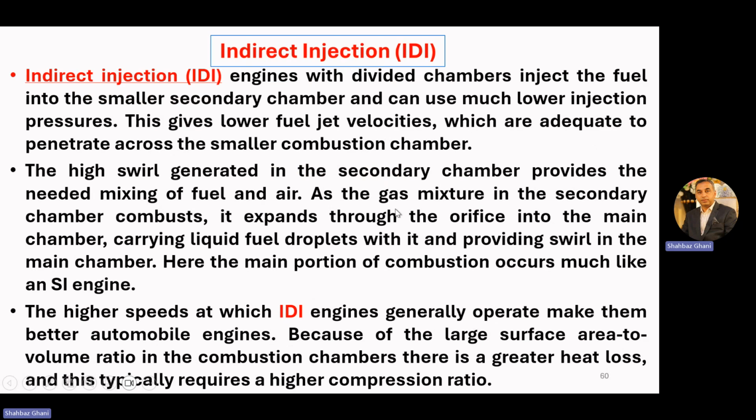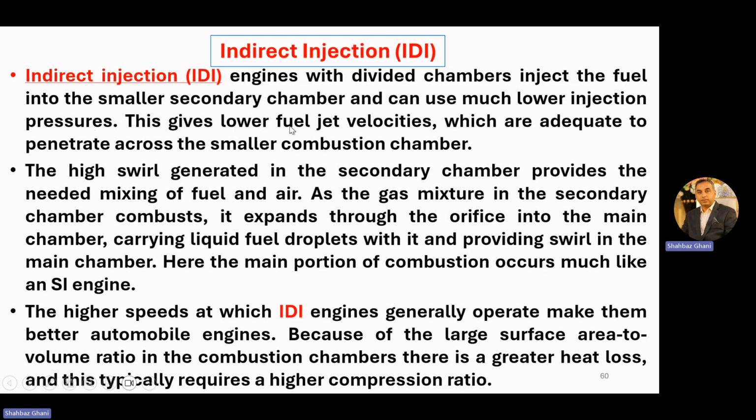Now, the second type of injection system is indirect injection. Engines with divided chambers inject the fuel into a smaller secondary chamber and can use much lower injection pressure. In the secondary chamber we do not require a high injection pressure.